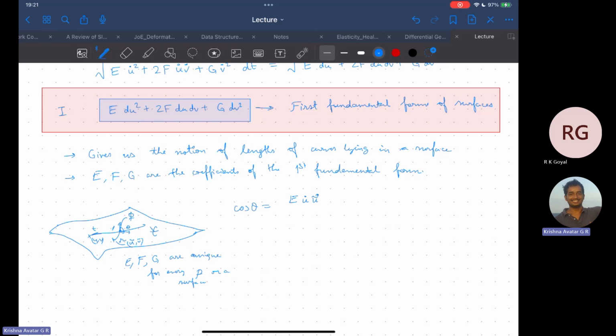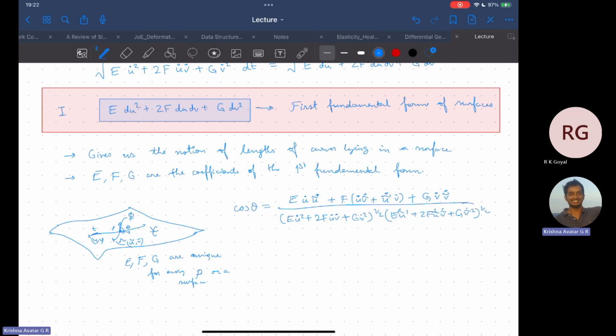So this is F u dot v tilde dot plus u tilde dot v dot plus G v dot v tilde dot, divided by the square root of E u dot squared plus 2F u dot v dot plus G v dot squared, and then you have the square root of E u tilde dot squared plus 2F u tilde dot v tilde dot plus G v tilde dot squared.